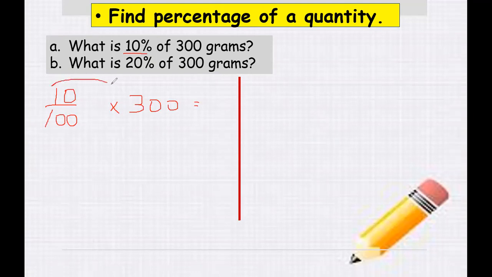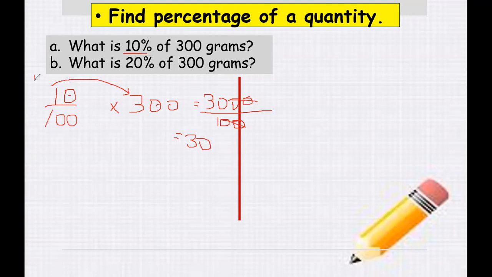Let's multiply first 1 times 3. So that will be 3. How many zeros do we have? 1, 2, 3. That means 10 times 300 is 3,000. And we have to write the same 100. Okay, 3,000 divided by 100, since we have 2 zeros, cancel them. So the answer is 30.